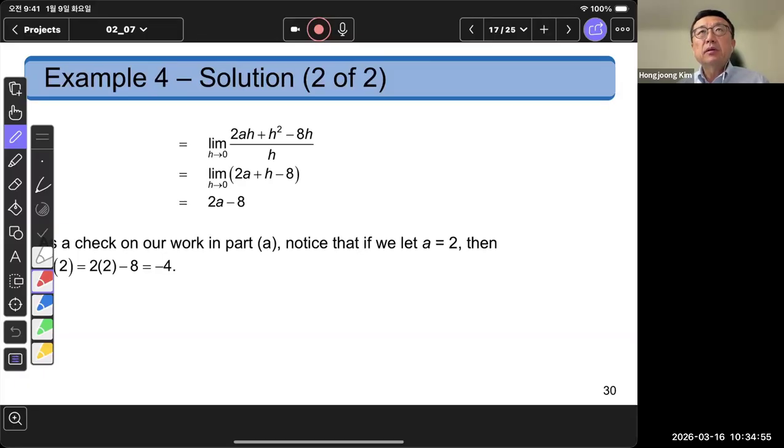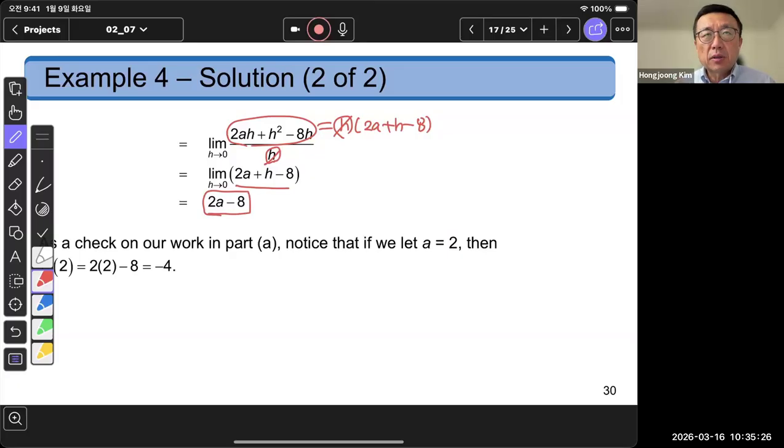And here, similarly to the previous case, h is common. So I can rewrite the numerator as h times 2a plus h minus 8. So h in the numerator and h in the denominator can be cancelled to produce this polynomial. So if I plug in 0 for h, you get 2a minus 8.